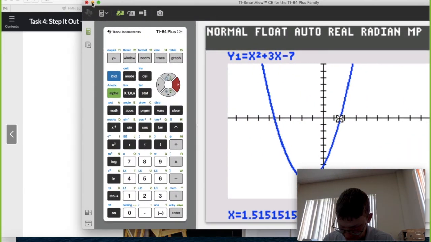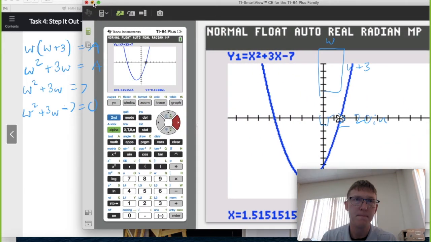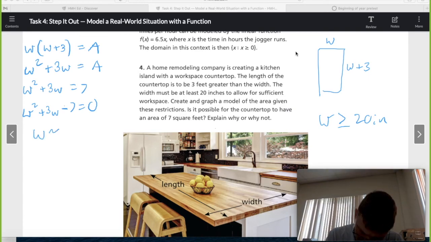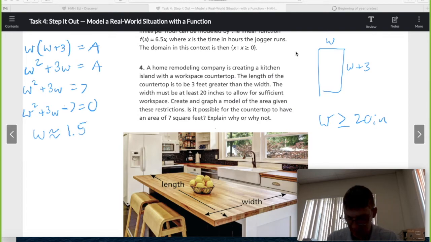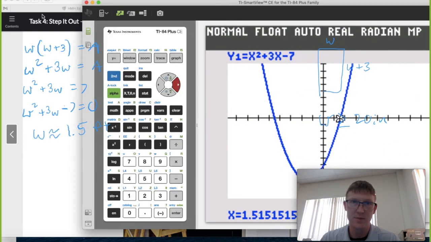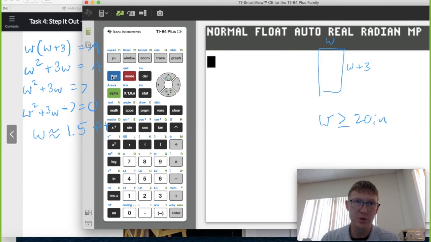So this W is approximately equal to 1.5 feet. So if we were to change that to inches, I just push second quit to get back to my normal screen. 1.5.